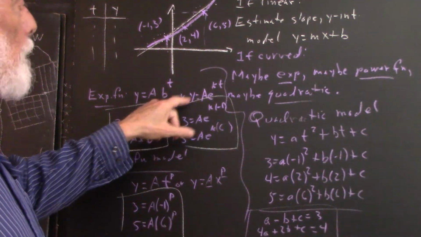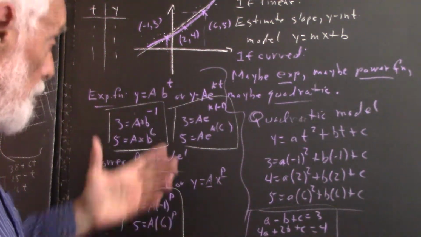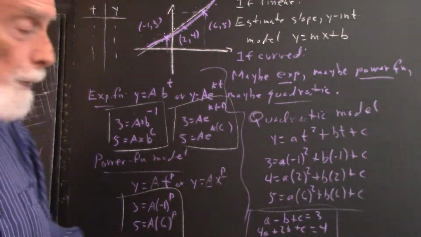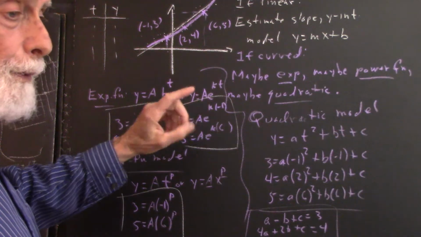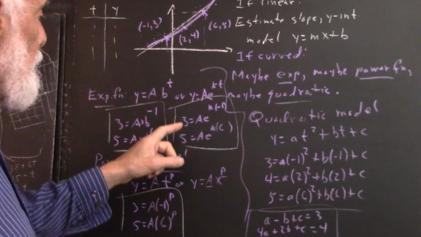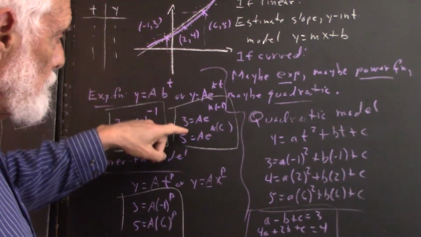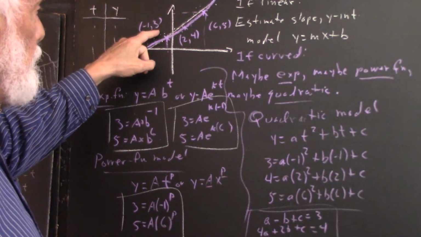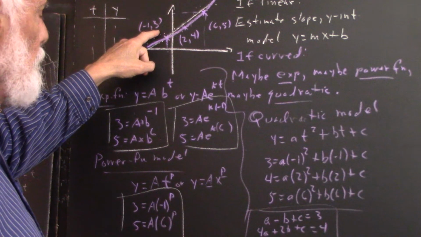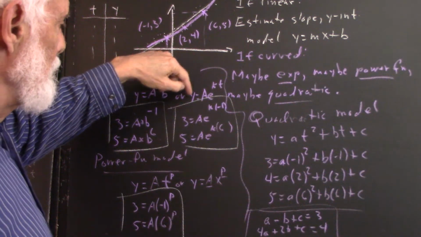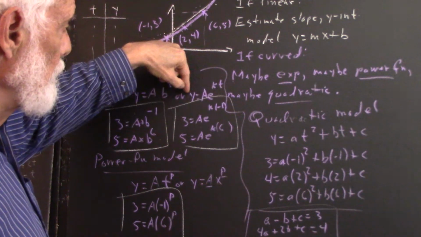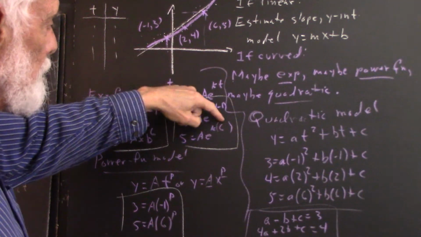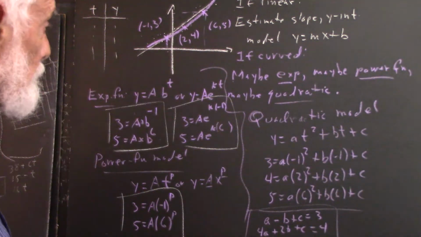Okay, if you have this form, and this is equally valid, depending on whether you're asked to do one form or another, you might use this one or you might have your choice. You plug in, again, -1 for t and 3 for y, and the same thing for the point (6, 5): y is 5, t is 6.